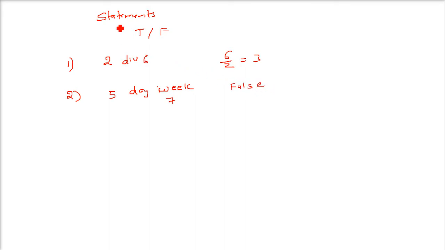So when we have talked about statements, let us see what are mathematical statements. Statements involving mathematical relations are known as mathematical statements. For example, 2 divides 6 has some mathematics involved, 6 divided by 2, so it is a mathematical statement.